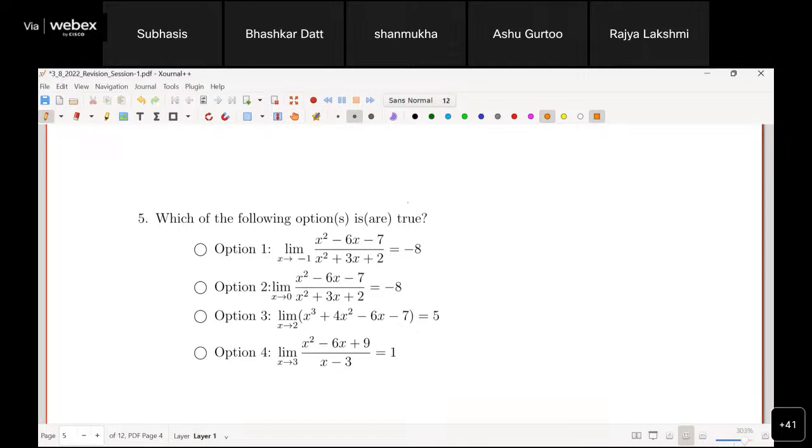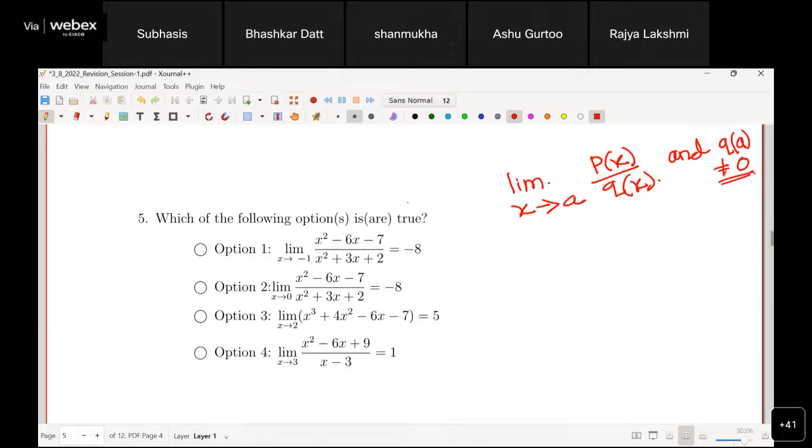Suppose you want to find the limit as x tends to a of p of x by q of x, and remember that p of x and q of x both are polynomials, and you need to make sure that q of a is not equal to 0.